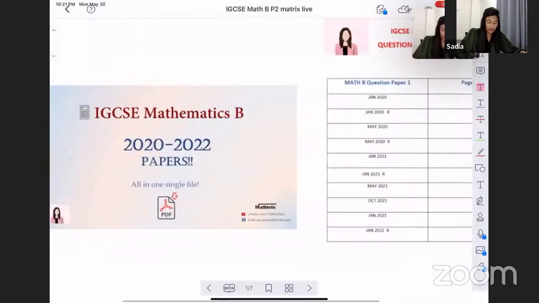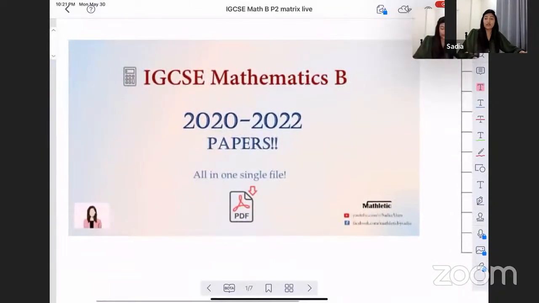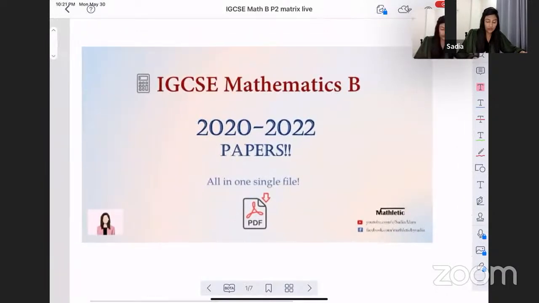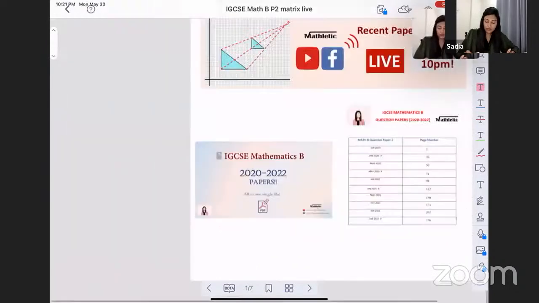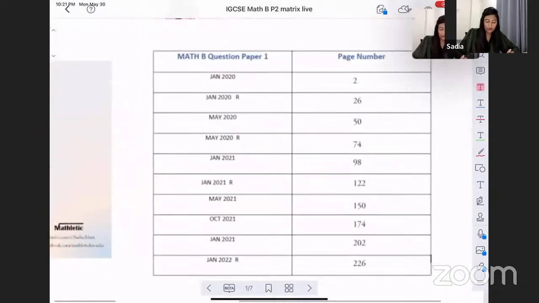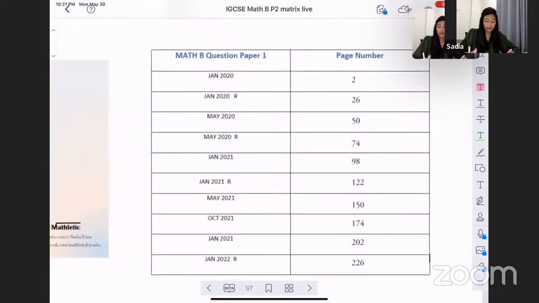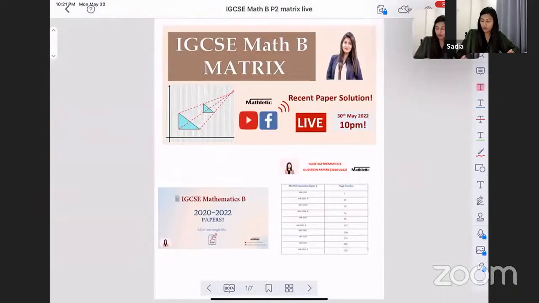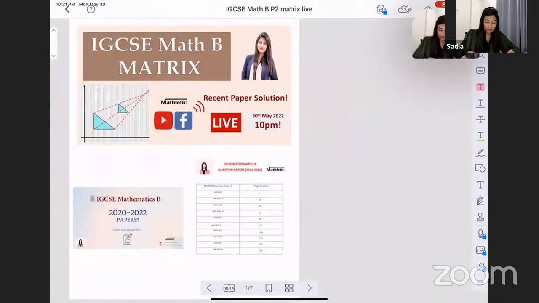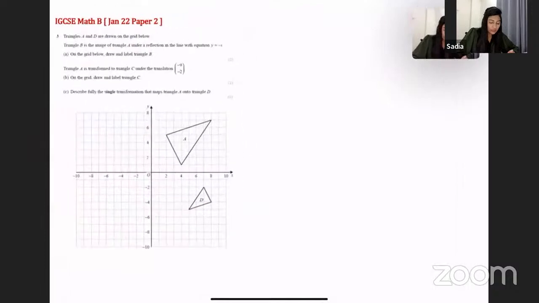All these papers are compiled in one single PDF file in this post. You can download that, which includes the recent papers from 2020 to 22, all the paper 1 and paper 2 papers. So let's start.